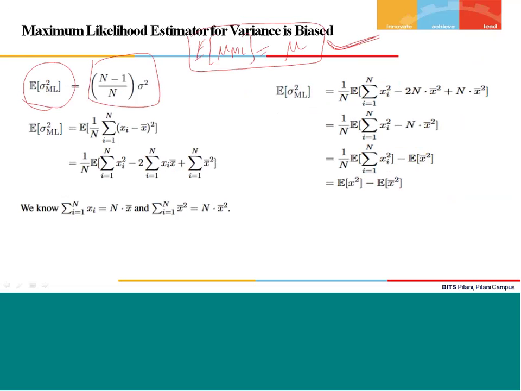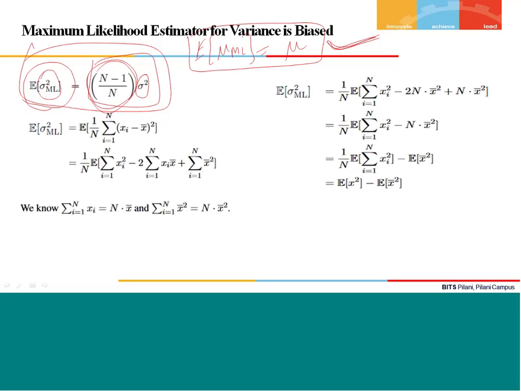But when we ask for the expected value of the maximum likelihood variance, it is some factor times the true variance. So we can see from this expression that the expected variance is not equal to the true variance.